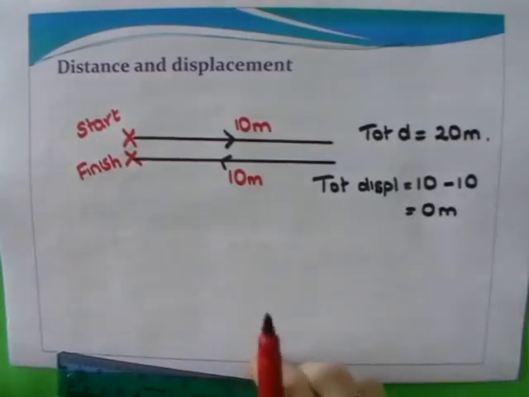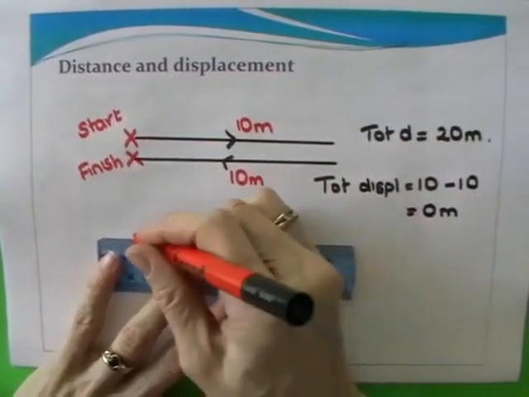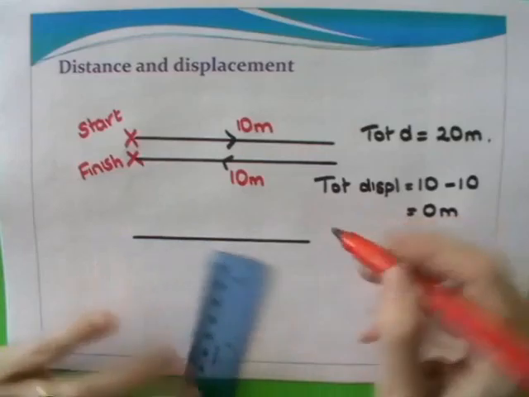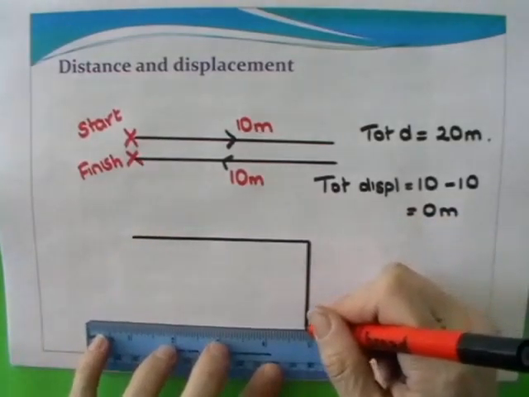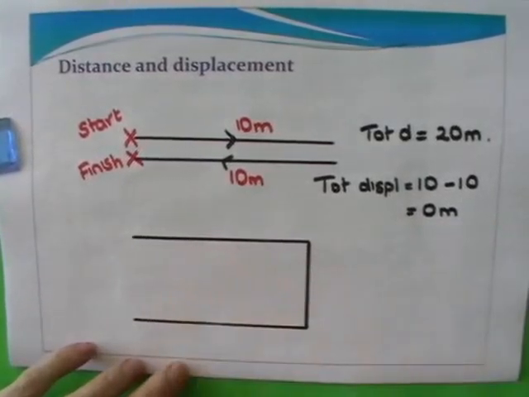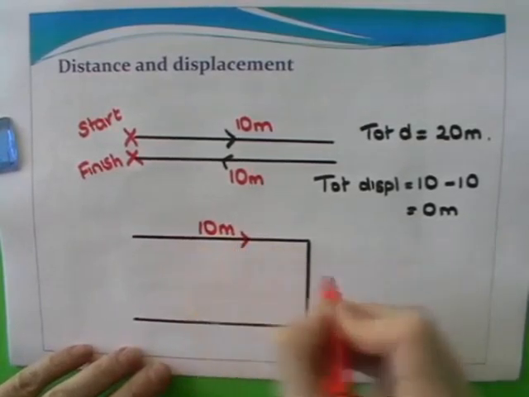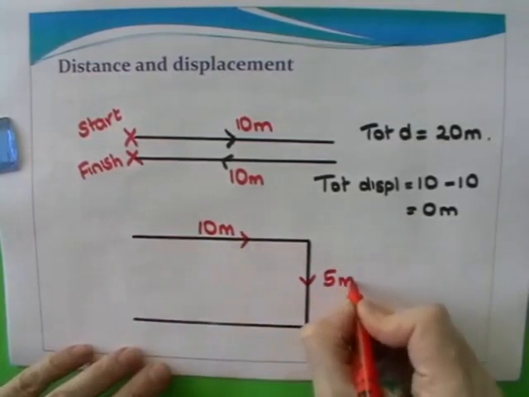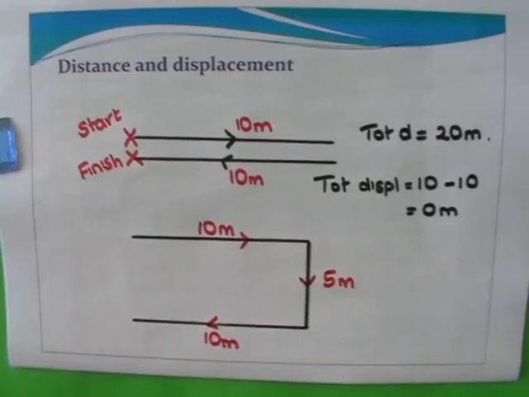The other thing that you're sometimes asked about is your total displacement from your starting position in terms of having gone on a journey. So we'll give you a journey like this. Someone travels round like this. So they go 10 metres right, or we call it east, 10 metres east, 5 metres south, and 10 metres west again. And what is their final displacement from their starting position?